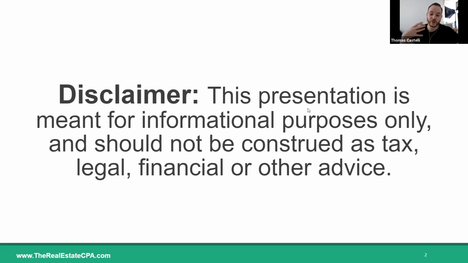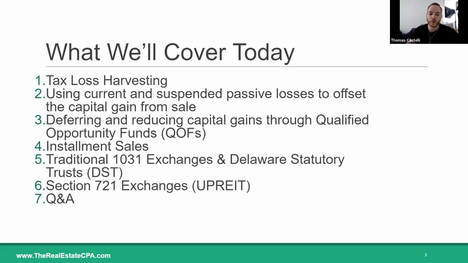We all have different levels of income from different sources, and we're all invested in different things. So not everything will apply to you the same way as it'll apply to somebody else. So really what this presentation is meant to do is bring awareness to these strategies so that you can have an intelligent conversation with your CPA or tax advisor on whether or not these strategies make sense for you.